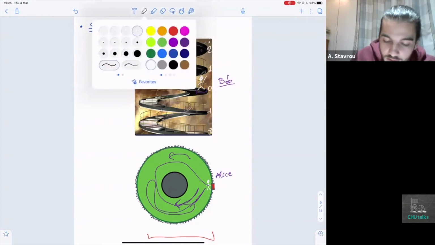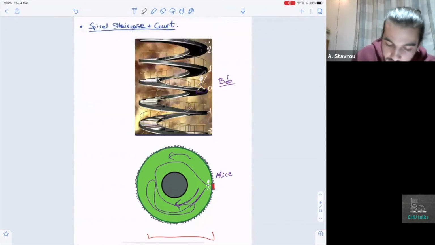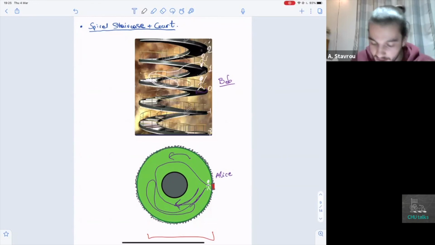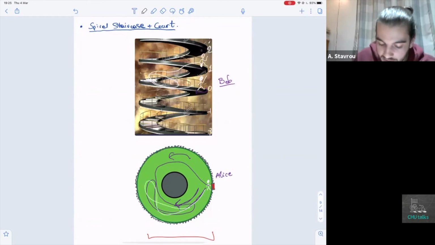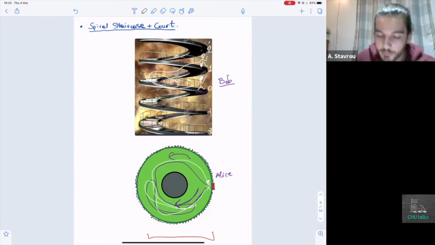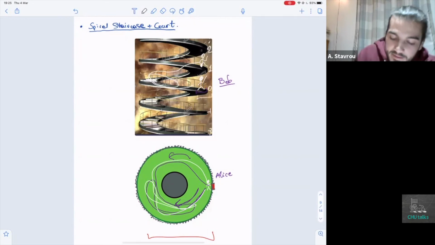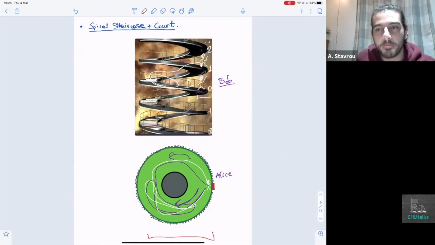He walks first a bit that way, then Alice decides to go backwards, whoop, and then he goes all the way up. So Bob ends up there when Alice goes along the circle and ends up back at the entrance. So what has happened with Alice? Alice ended up at the same point that she was, but Bob ended up 1 floor upwards.